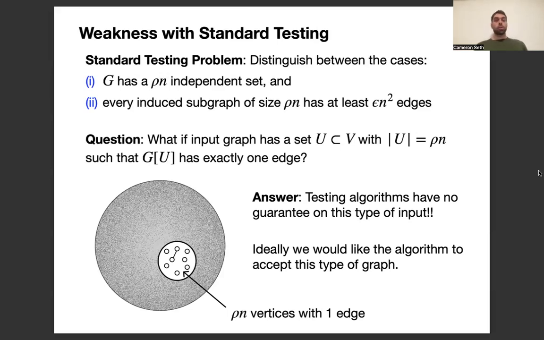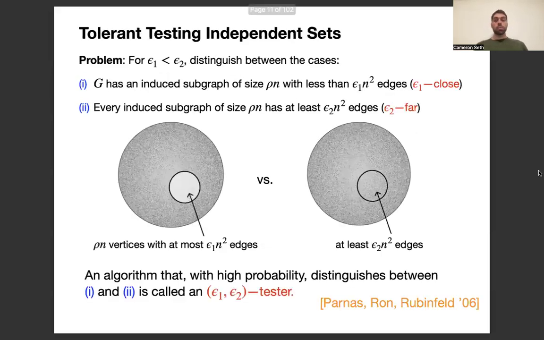And this motivates the notion of tolerant testing. This was introduced by Parnas, Ron, and Rubinfeld, and they introduced this for any property testing problem, but we're just going to focus on the independent set property. So now we're going to have an epsilon 1 and epsilon 2, and we want to distinguish between the cases that the graph has an induced subgraph on rho n vertices with less than epsilon 1 times n squared edges.